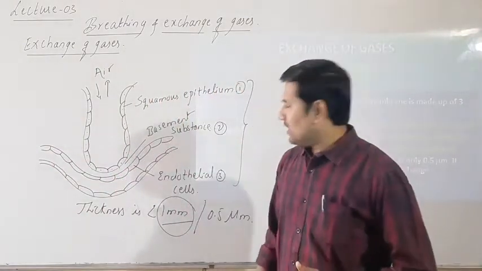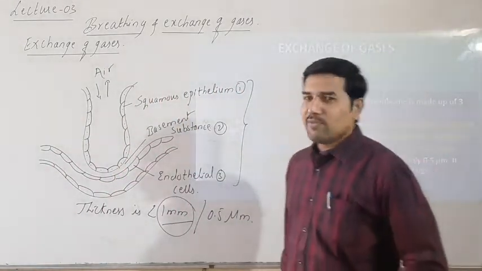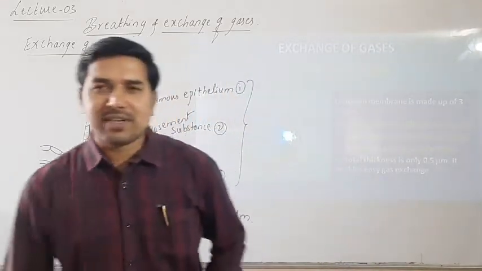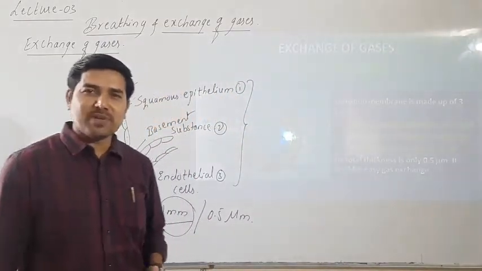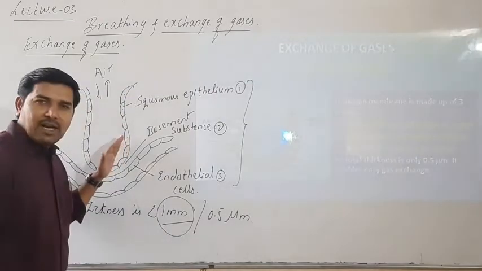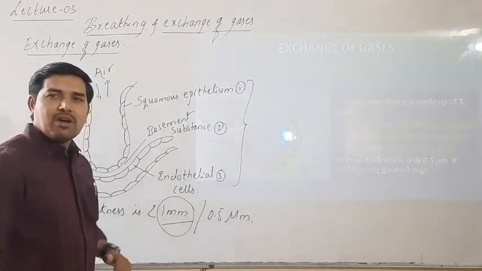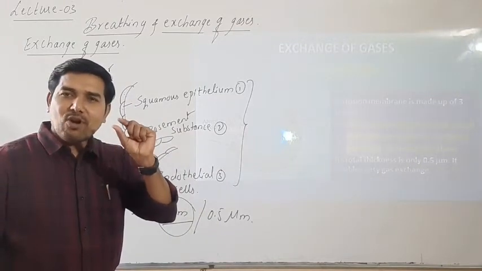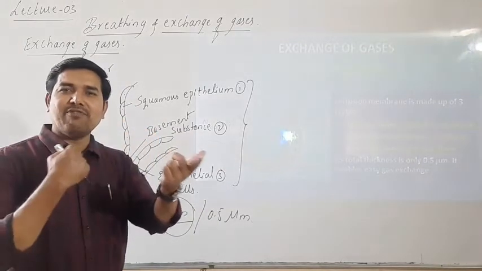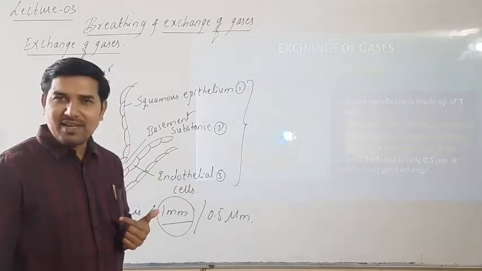Okay, so this is regarding the thickness of the alveoli and the blood vessels, along with the basement substance which is present in between the alveolus as well as the blood vessel. So all these three together form a thin membrane. It helps in diffusion of gases, exchange of gases.